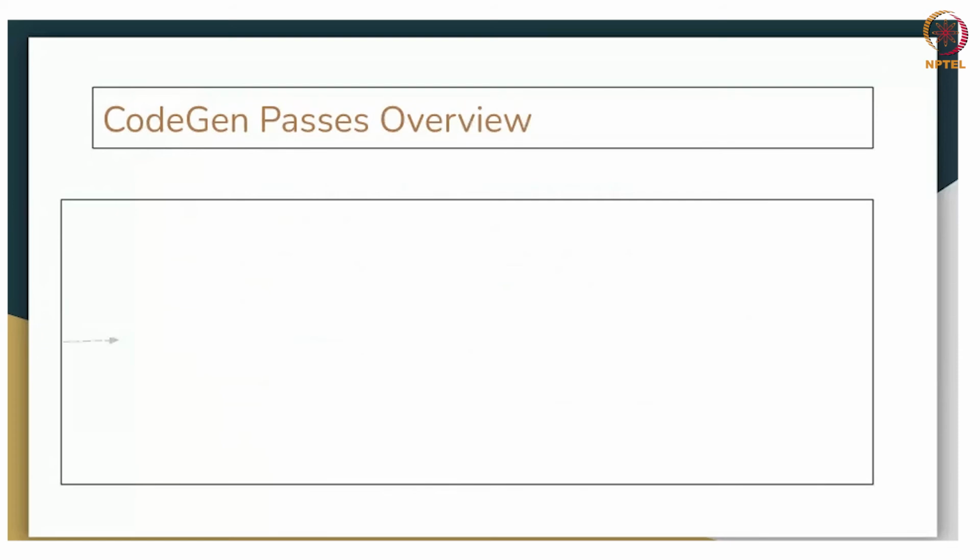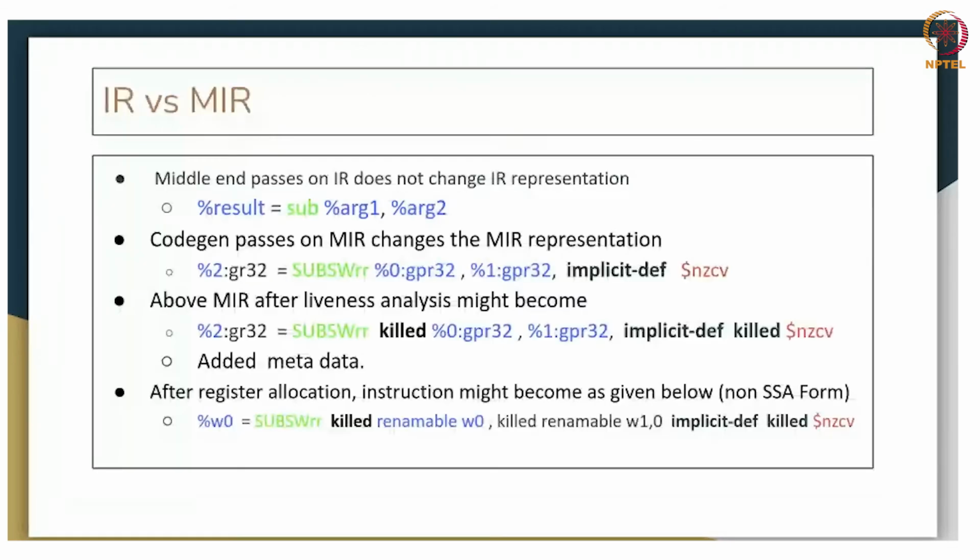I have one question here. For IR, we consider that we have an infinite number of virtual registers. Is it the same for MIR or not? MIR after instruction selection, yes. After register allocation, it's not. Okay, thanks. So it goes through different passes.